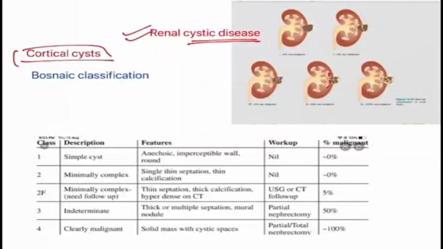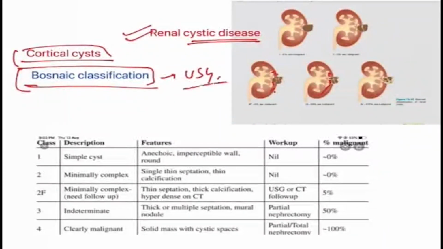Coming to the cystic diseases of renal parenchyma, first is cortical cysts, in which the cyst is present in the cortex area. So these are classified by the Bosniak classification, which is a USG classification. So Bosniak classification is 1, 2, 2F, 3 and 4.